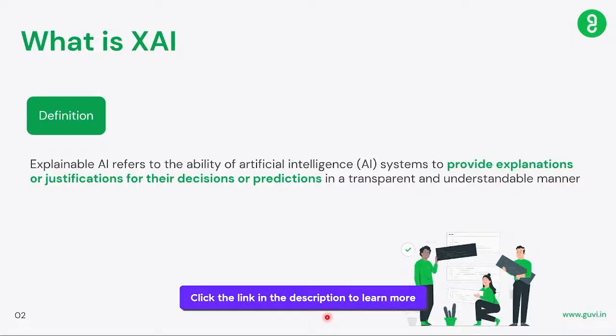Now let's consider a few examples to illustrate the importance of explainability. In healthcare, doctors need to trust AI systems for accurate diagnosis and treatment recommendations. However, they need to understand the rationale behind those recommendations to ensure patient safety and well-being.